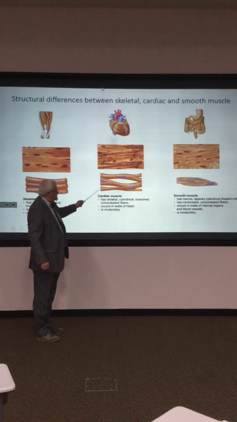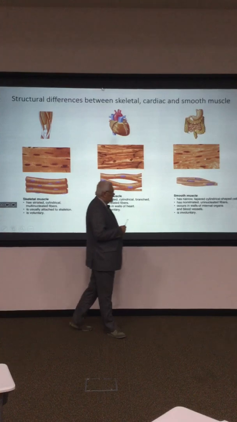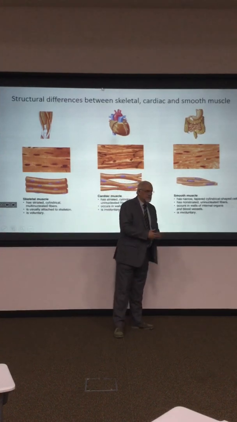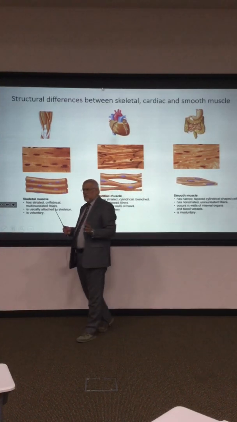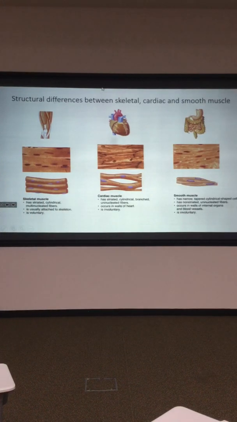This muscle, myocardium, is obviously in the heart and nowhere else. Smooth muscles are in many different organs. You may remember from anatomy that smooth muscle forms the walls of all hollow organs in the human body.